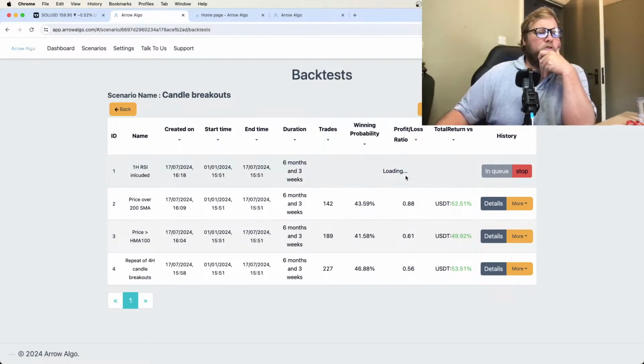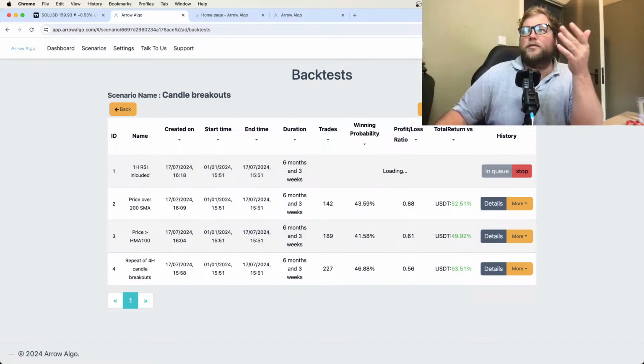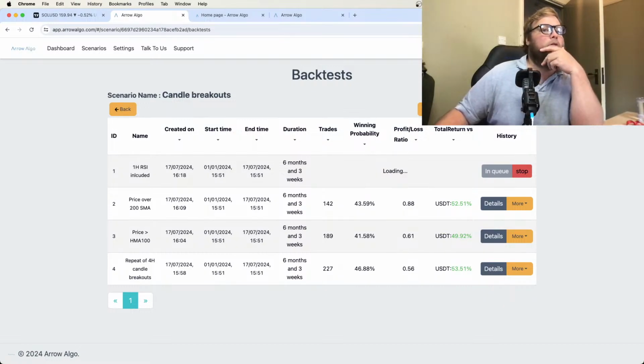So once we have a version of the strategy that I'm ready to see in different market conditions, then I have a range of different types of backtests that I'll run. I want to see it in all types of conditions: bull conditions, bearish conditions, sideways conditions, and generally over different time frames as well.